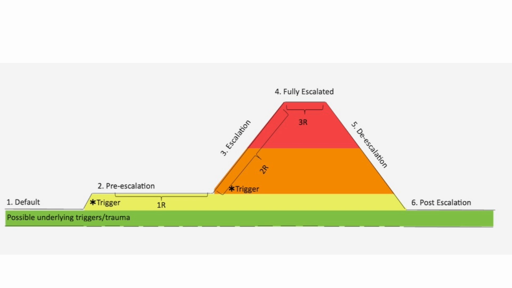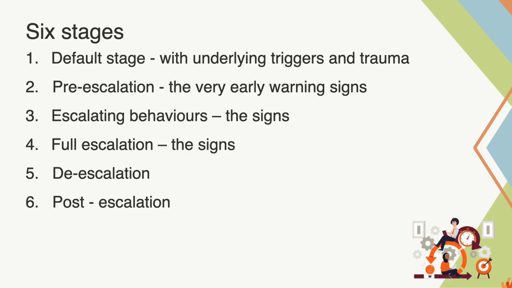Then we have stage 3, the student actually escalating, and we should be trying to address the behaviour then. The fully escalated student, de-escalation as they're de-escalating, and this can take up to 30 minutes, and post-escalation, what do we do after this event? So there are the 6 stages.